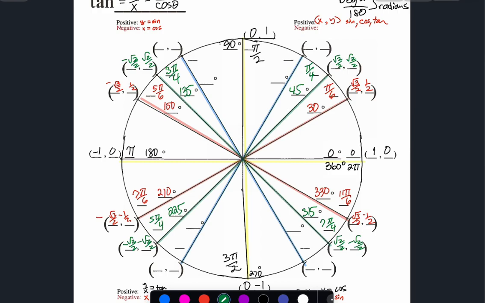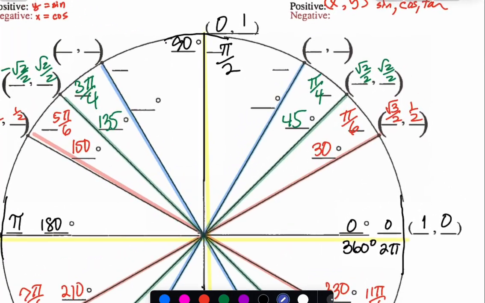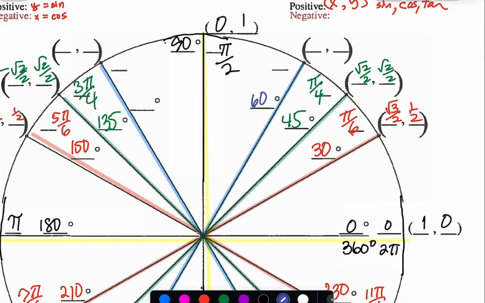Okay. Now I've moved on to my blue lines. If you have blue that you would like to use, some kind of blue or purple, I'm talking about the blue lines here, and that is 60 degrees. All the blue lines are 60 degrees away from the x-axis.